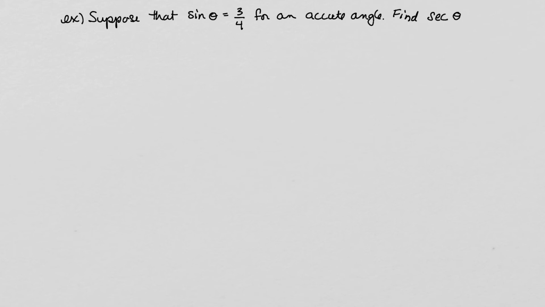This should really say for an acute angle theta. Find the secant of theta. I don't know what happened there with my secant, so I'm just going to rewrite that.